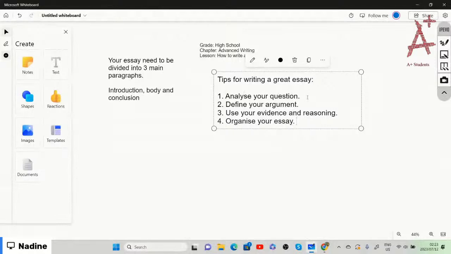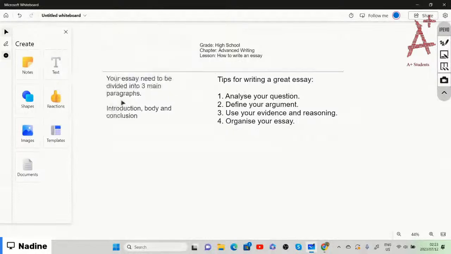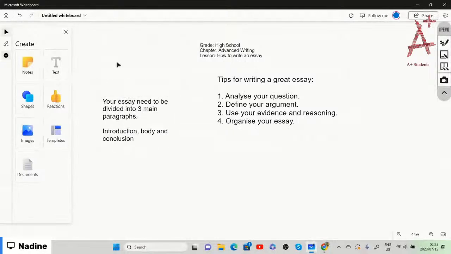And like I said, your essay needs to be divided into three main paragraphs. Before you write your three paragraphs, you need to first have a mind map. You need to have a mind map, and we also call this your planning.